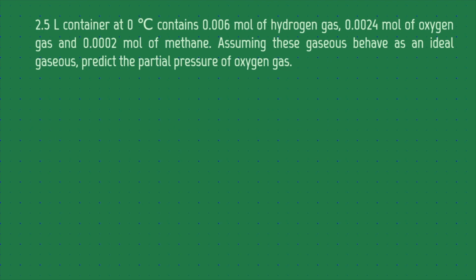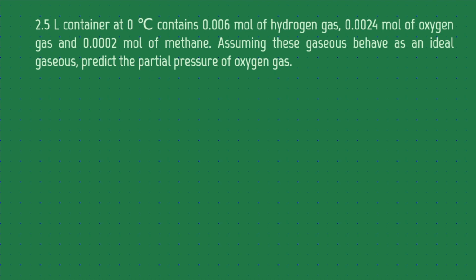A 2.5 liter container at 0 degrees Celsius contains 0.06 mole of hydrogen gas, 0.0024 mole of oxygen gas, and 0.0002 mole of methane. Assuming these gases behave as ideal gases, predict the partial pressure of the oxygen gas.